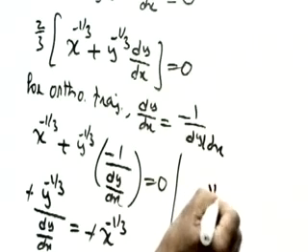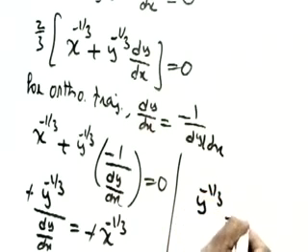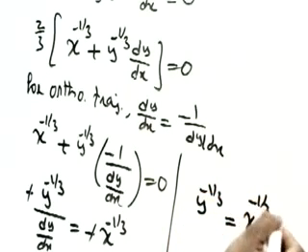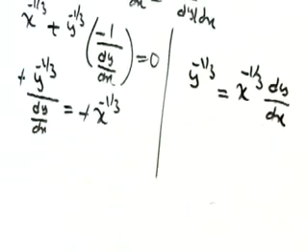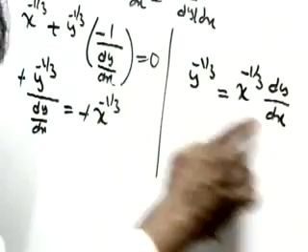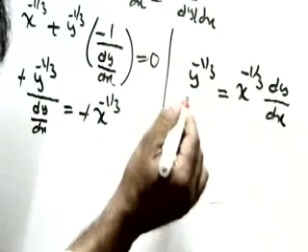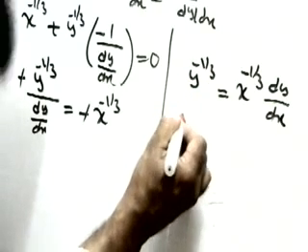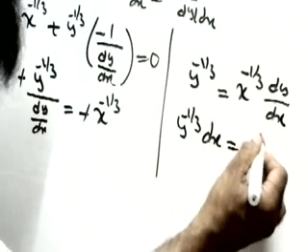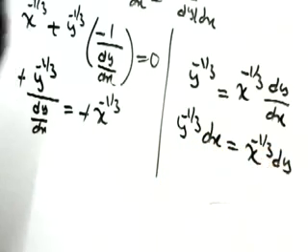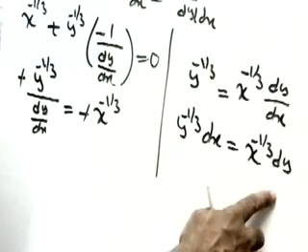We get y power minus 1 by 3 equals to x power minus 1 by 3 dy by dx. Now what do we have to do? We have to change it. Bring this dx here. You see here we can write like this: y power minus 1 by 3 dx equals to x power minus 1 by 3 dy.